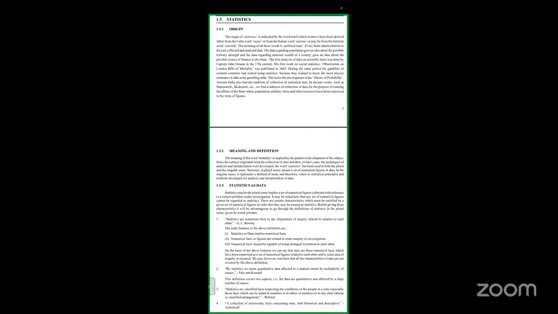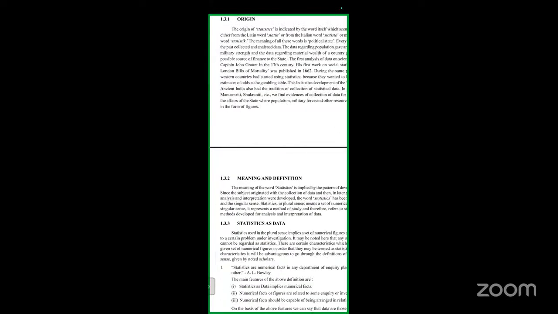During that same period, the gamblers of Western countries had started using statistics because they wanted to know more precise estimates of gambling odds. This led to the development of the theory of probability. Ancient India also had good mathematicians and good statisticians, and a tradition of collection of statistical data.